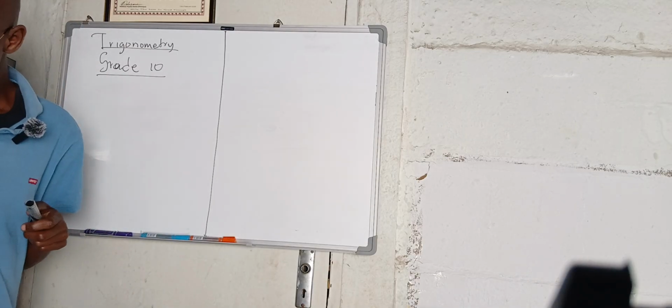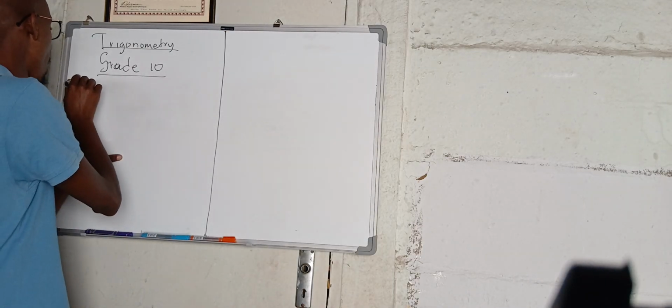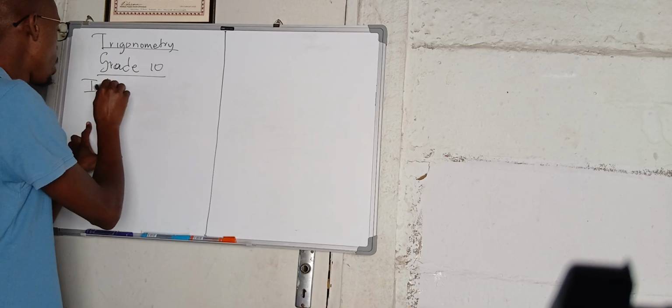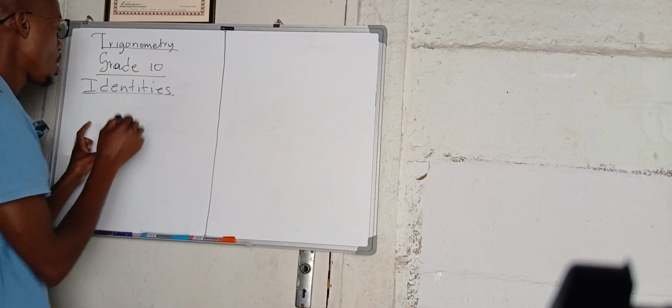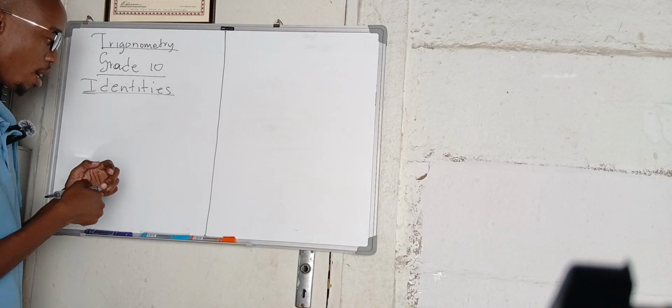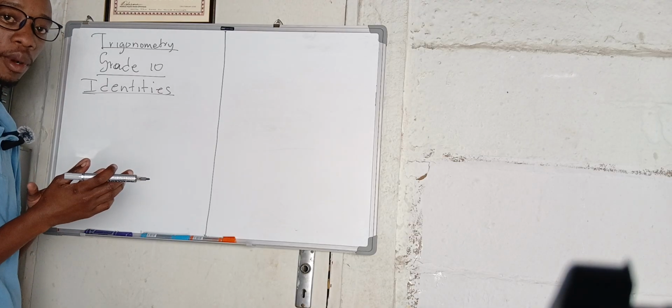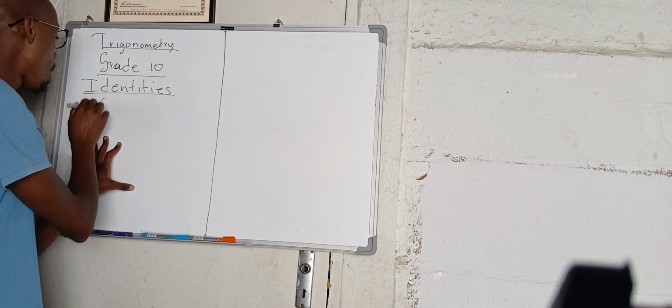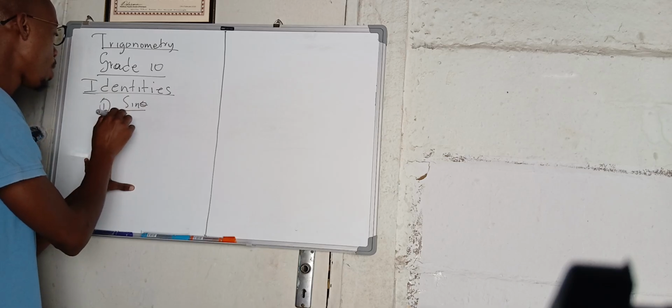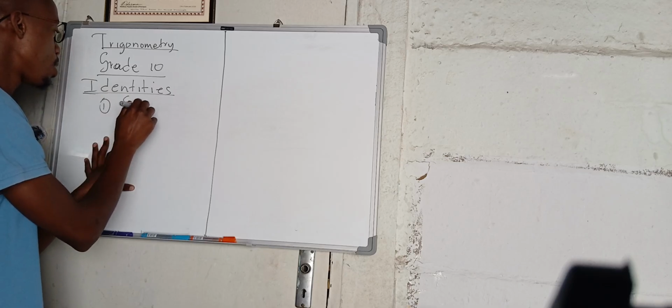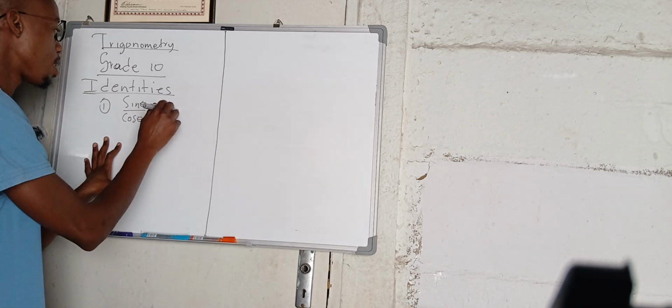I'm going to start with identities. With identities, we have two identities that we are going to talk about in grade 10. Identity number one is that sine of theta over cos of theta is equal to tan theta.